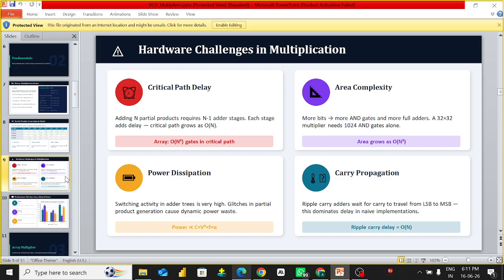So the power used will be more, right? So that's why power dissipation will be more. Next thing is carry propagation. Just like I said, you're propagating that carry, and that is going to produce delay, right? So that carry should travel from where you have generated it until it is absorbed inside your addition. So that's why propagation delay occurs.